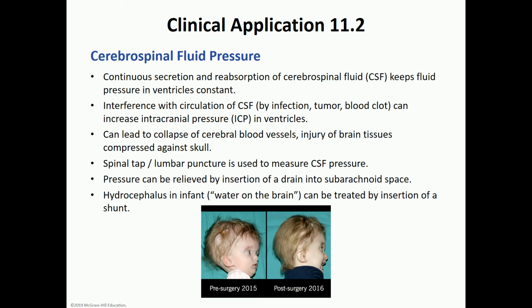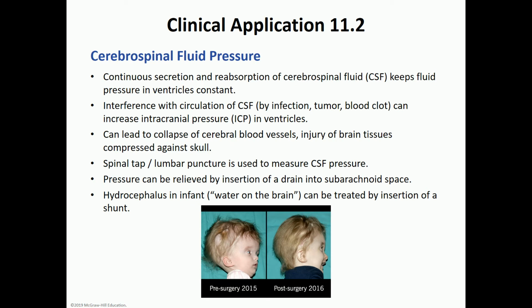But in some cases, there is either overproduction or there is a blockage in the drainage system. Okay, and that could lead to an increase in cerebrospinal fluid pressure. And if that happens in a kid, remember, the different bones of the skull are not completely ossified.